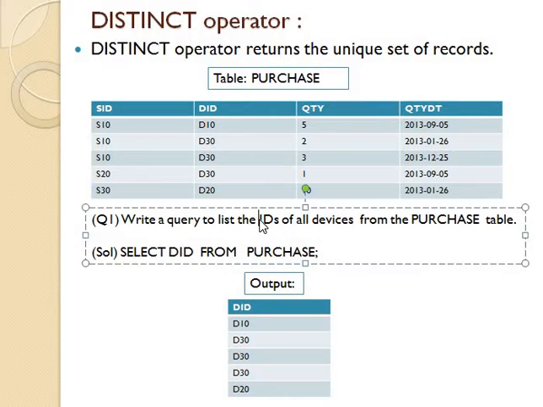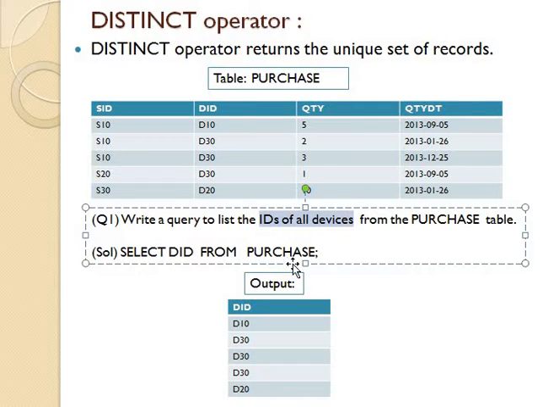Now, the IDs of all devices is denoted by the DID column of the purchase table. So the query for that will be select DID from purchase followed by semicolon.